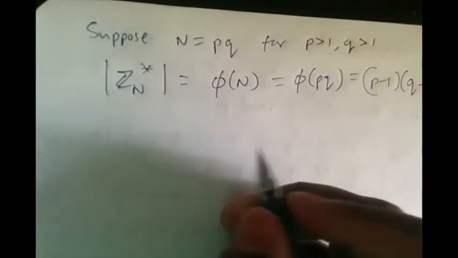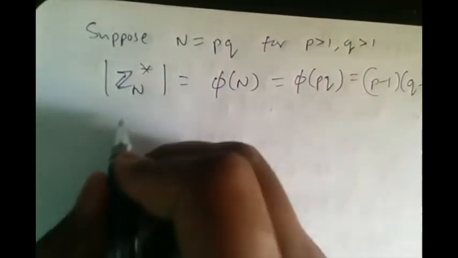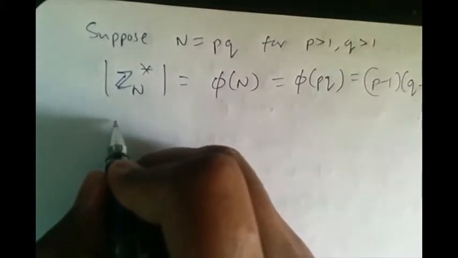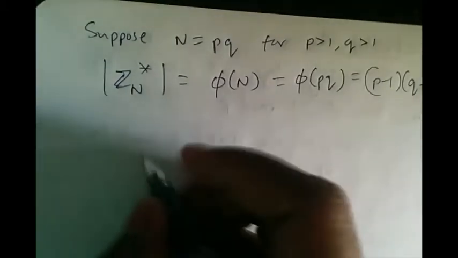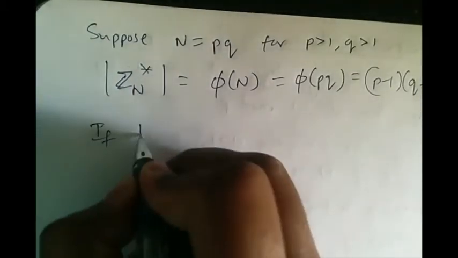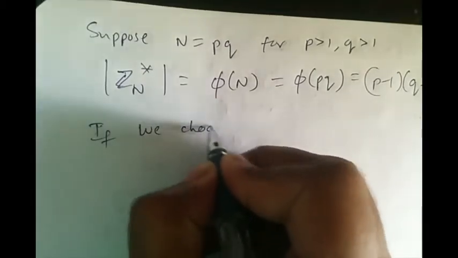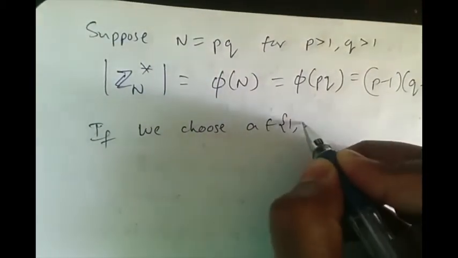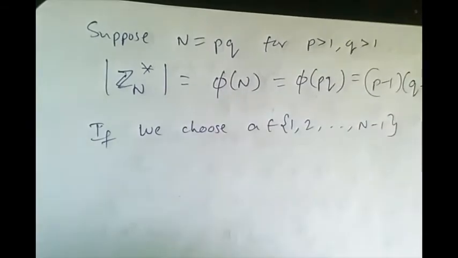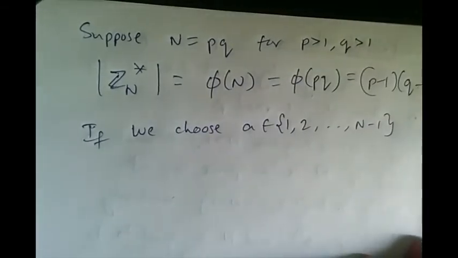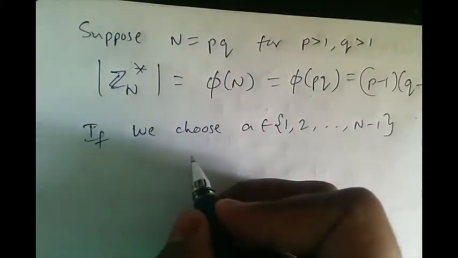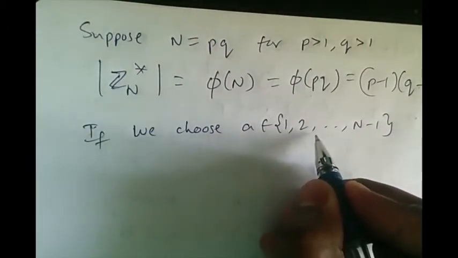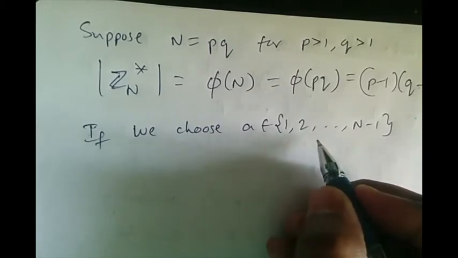Now if I choose a in this range, we choose an integer from 1 to n minus 1 randomly. How many of those will be in Zn star and how many of them will not be in Zn star?